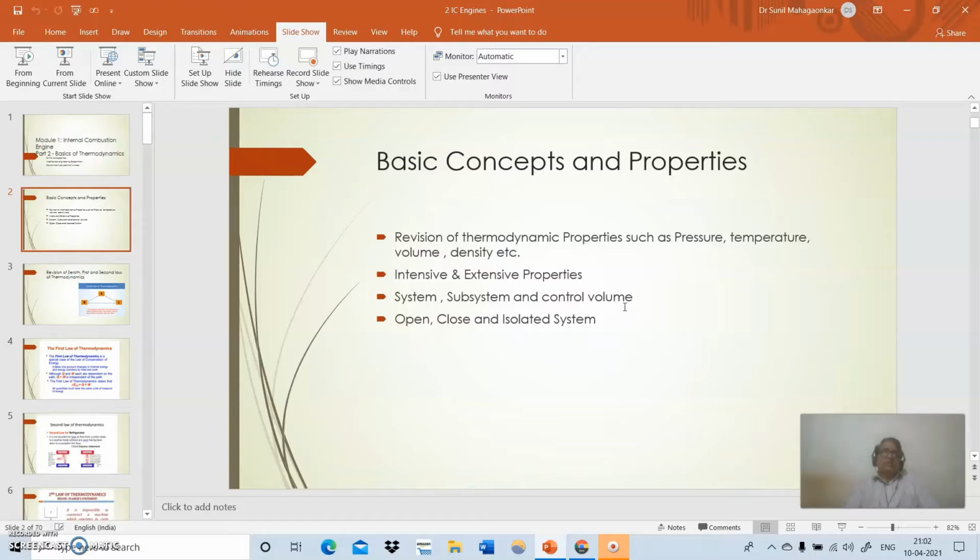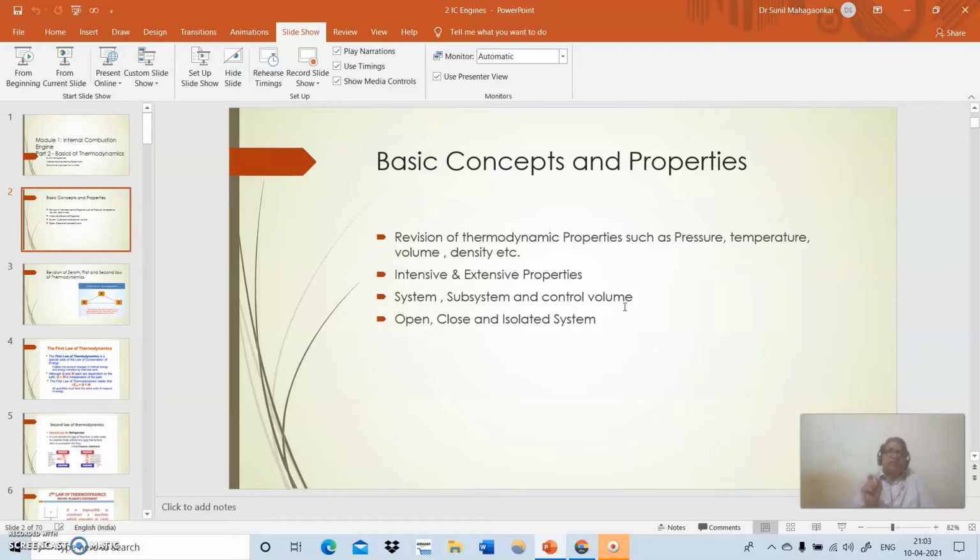If I take pressure, it is an intensive property, force per unit area, Newton per meter square. Whereas force is an extensive property, pressure is intensive because it is per unit area.